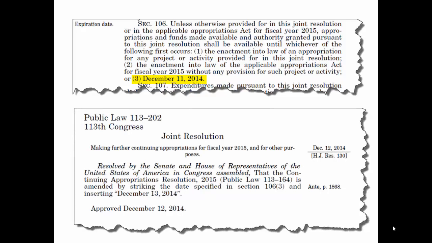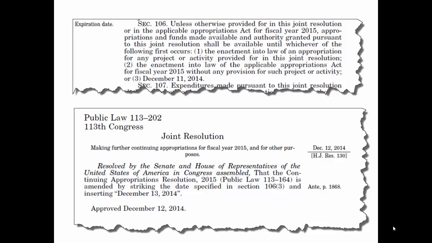Here is an example that simply extended the FY 2015 CR by 2 days by amending the date in the duration provision. An important point to remember, funds appropriated by a CR end on the date provided. They do not carry over even if appropriated to a multi or no year account.